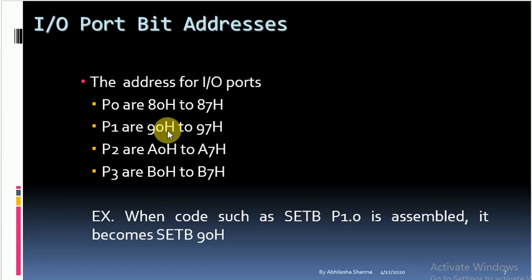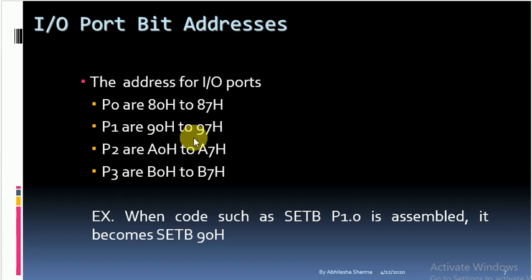What is 91? 91 denotes the second bit of port 1. Similarly, 92 denotes the third bit of port 1. So 90 denotes the first bit, 91 the second bit, 92 the third bit. So 80 to 87 consumes the 8 bits here.